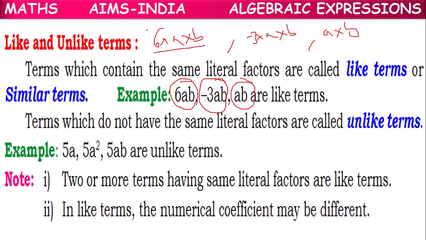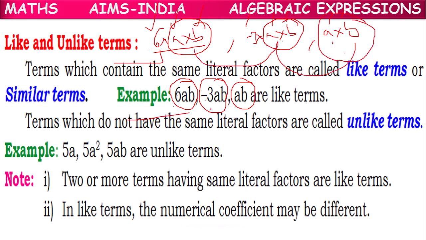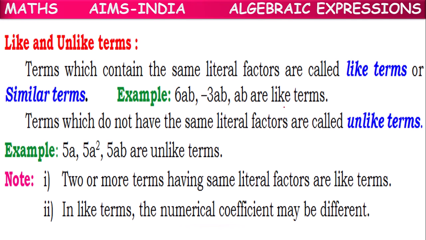Here 6 is the numerical factor, ab are the literal factors. Here also ab are the literal factors. The literal factors are the same in all the terms, so they are considered like terms, or we can also call them similar terms.